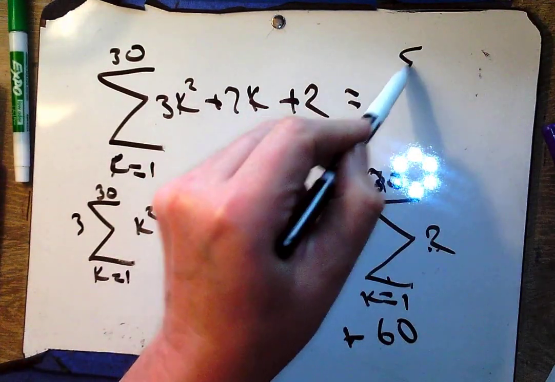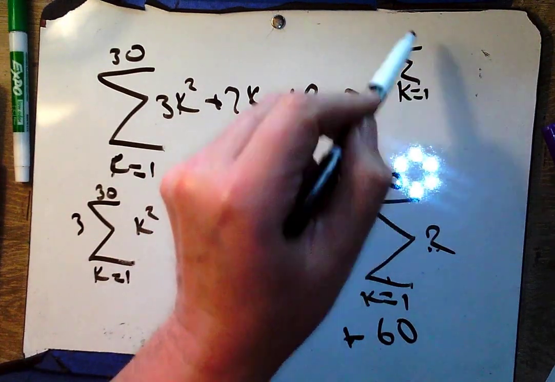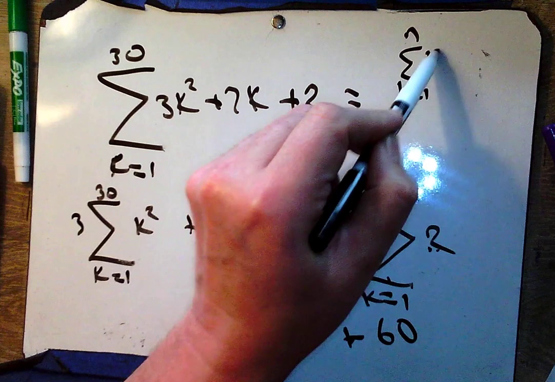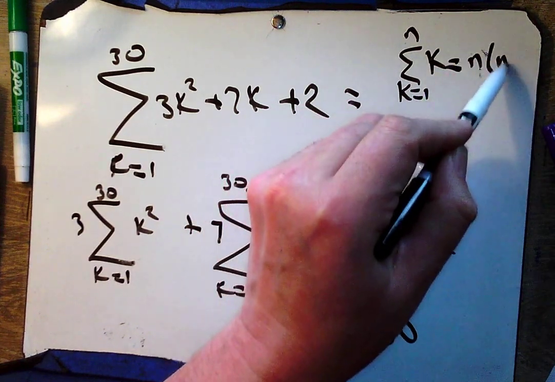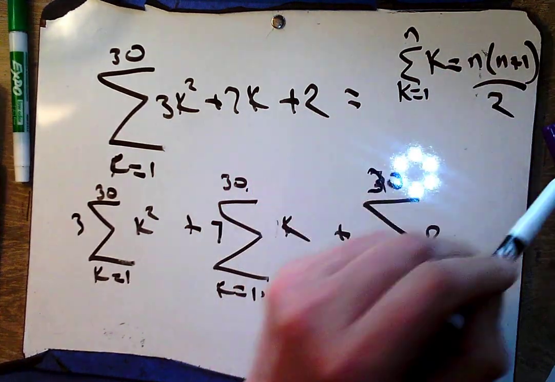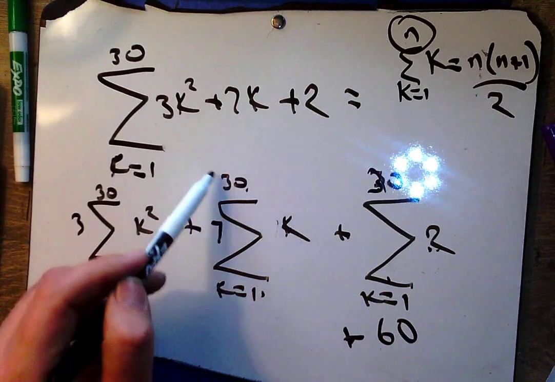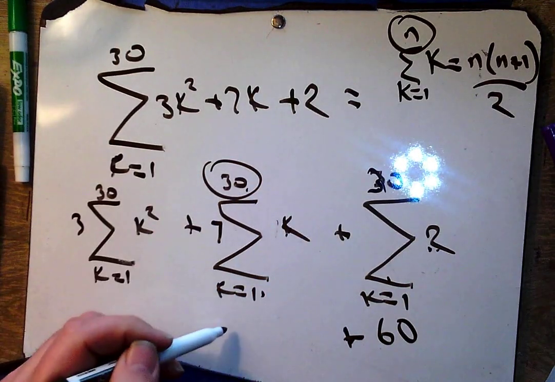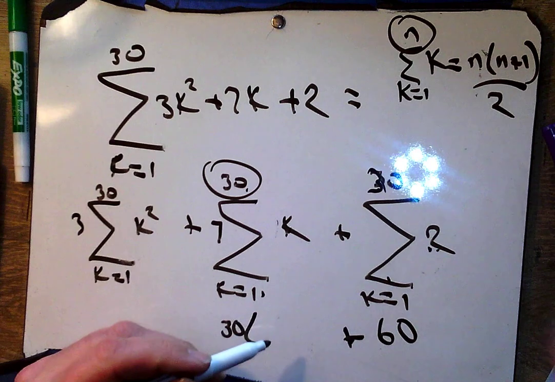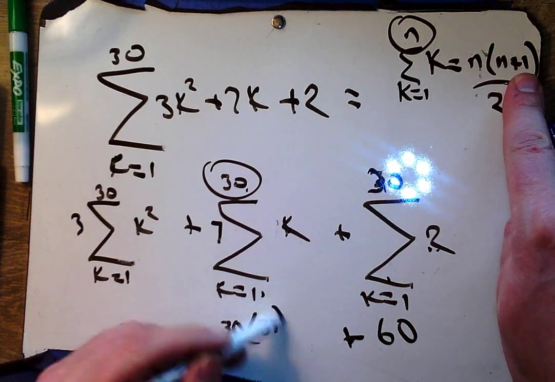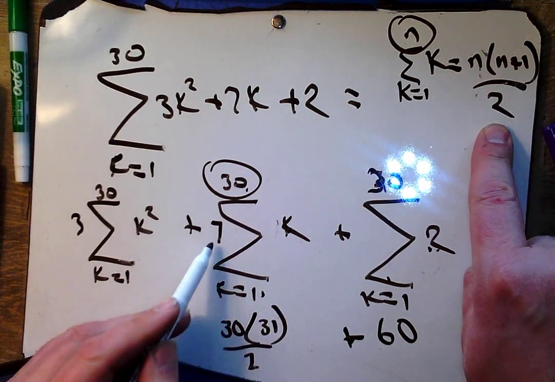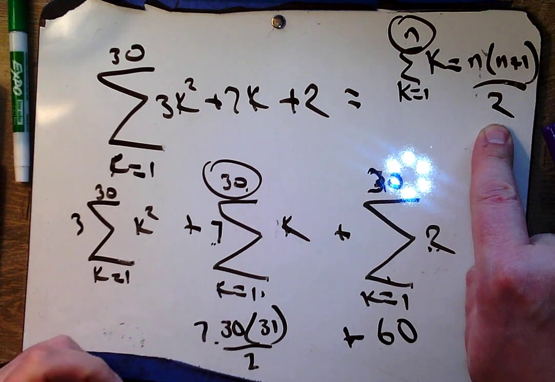What was the shortcut for the sum from k equals 1 to n of k? It was n times n plus 1 over 2. That's my n. So I'm going to have 30 times 30 plus 1 all over 2, but don't lose this, times 7.